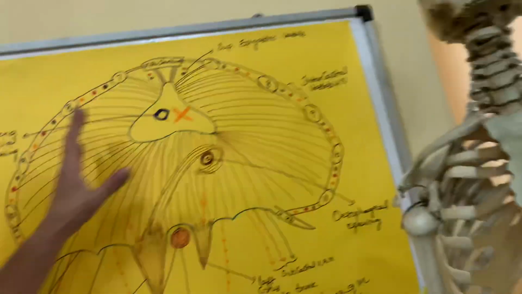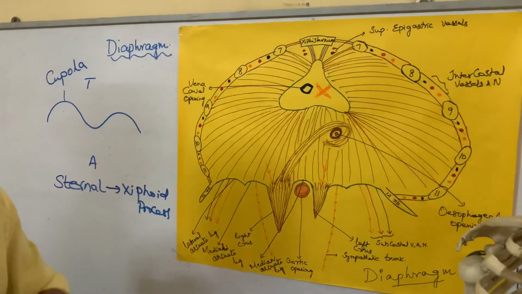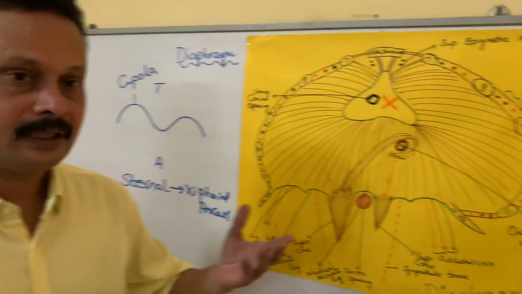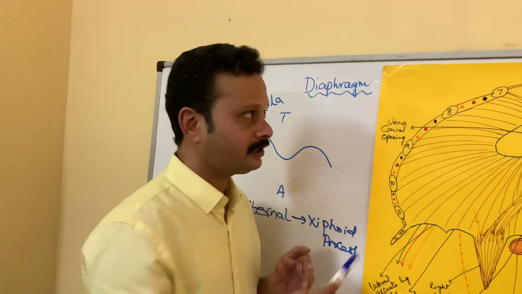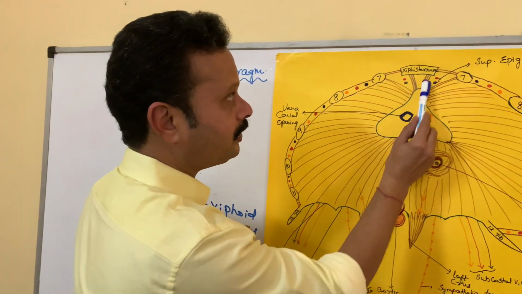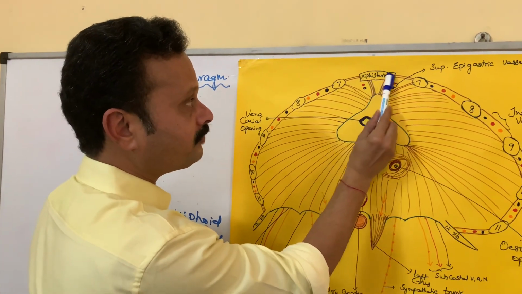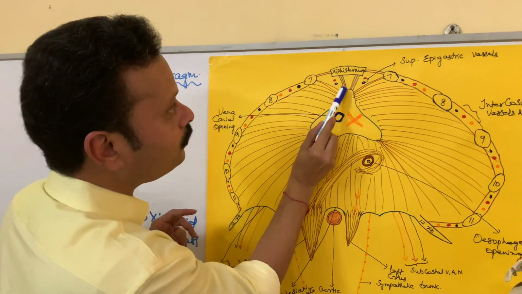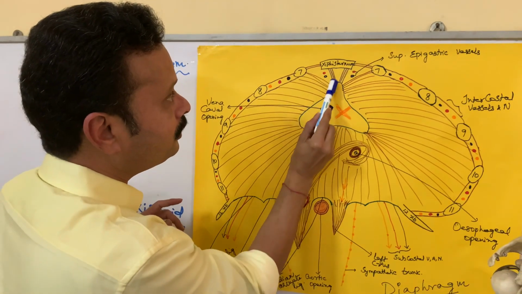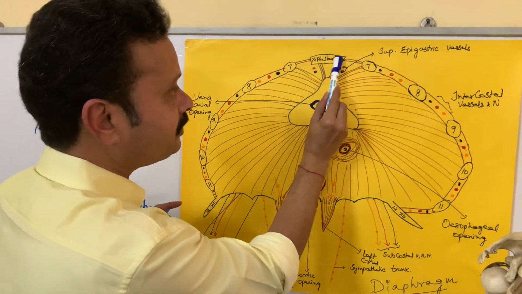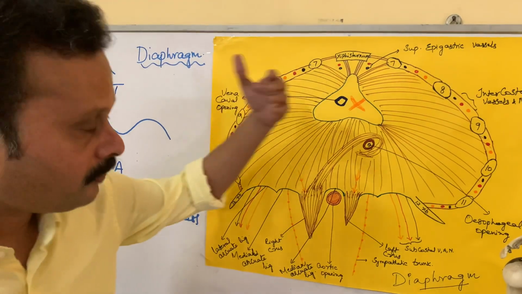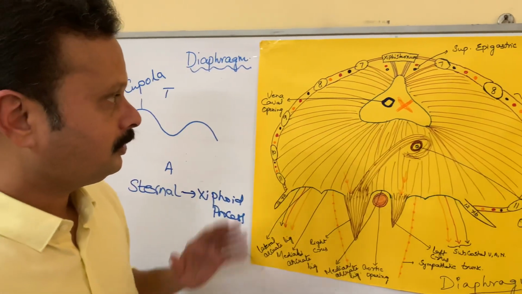Is it clear? So coming back to the origin of the diaphragm, it has three heads of origin. The sternal origin is coming from the posterior surface of the xiphisternum as two fleshy slips.